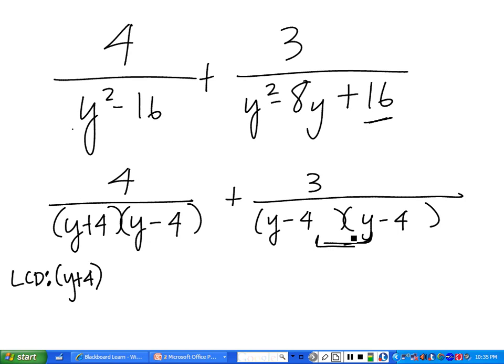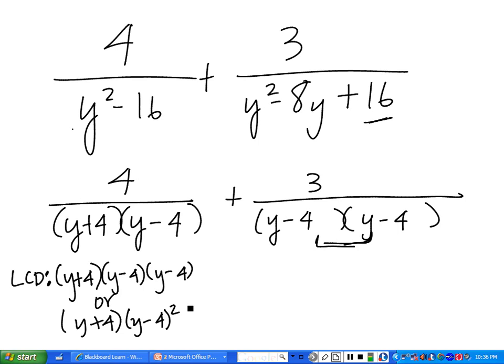So the LCD is y plus 4 times y minus 4 times y minus 4, or if I want to condense this, y plus 4 times y minus 4 squared.